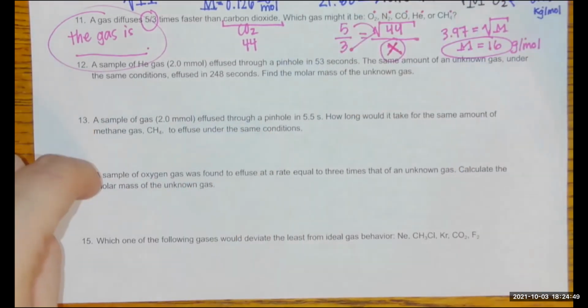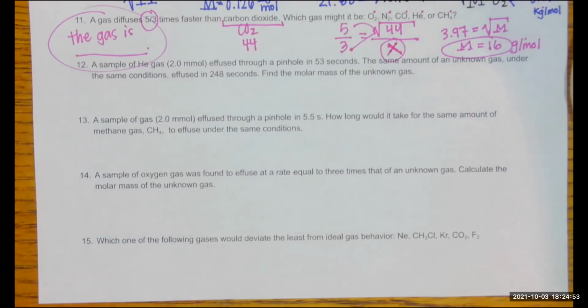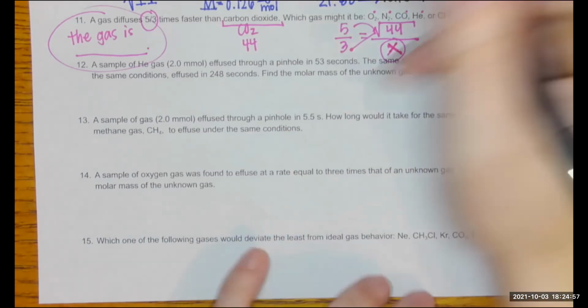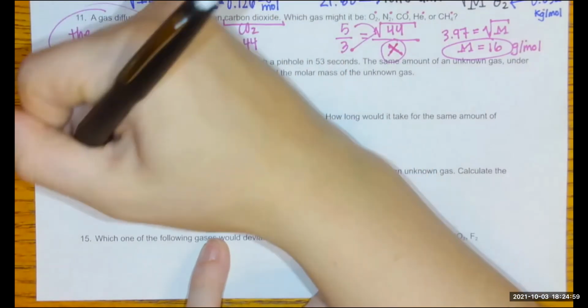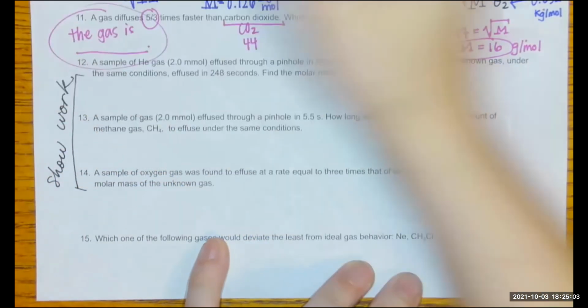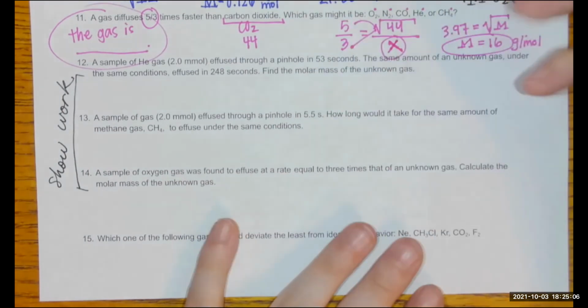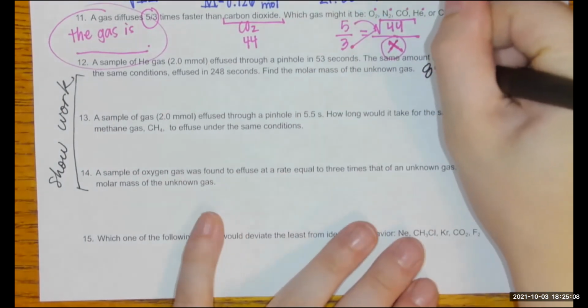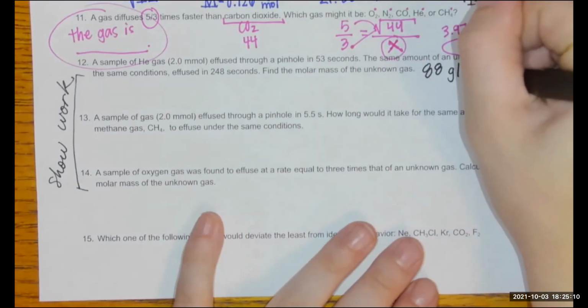So 12, 13, and 14 are all more examples of using the same math that we have been. So I'm going to give you the final answers. And what you need to do is show me your work on how I got these answers. For number 12, my final answer is 88 grams per mole.